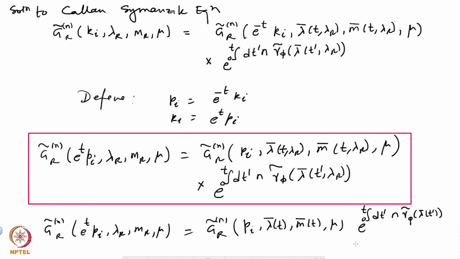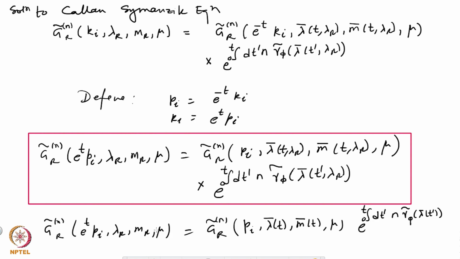So you see that now we have an expression of Green's function relating to different energy scales. And the thing that we have gained here is that on the right hand side, things are written in terms of not λ_r and m_r, which are fixed once you have chosen a μ.